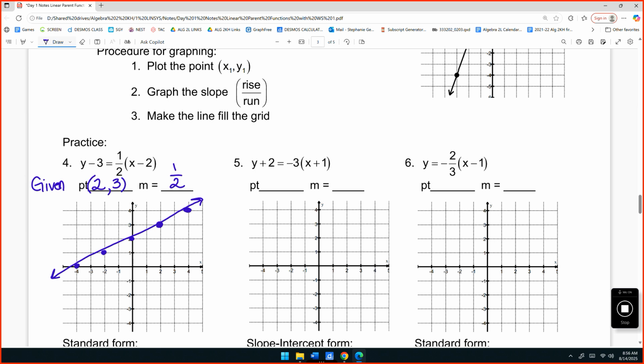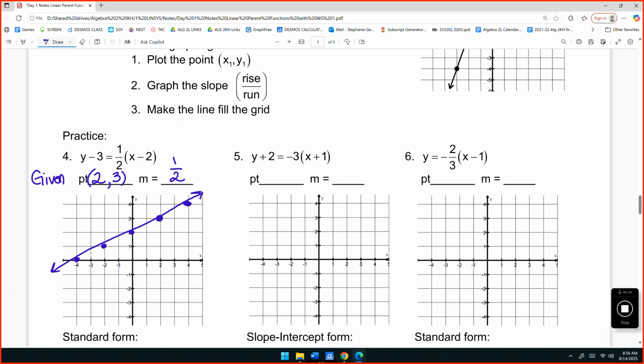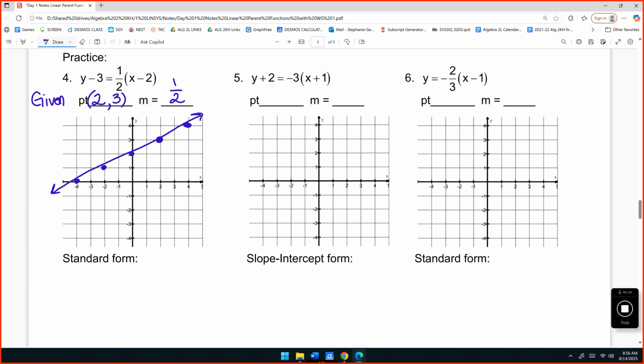Okay. Now, you're going to notice underneath this, it says standard form. So additionally, we need to be able to graph, but we also have to be able to translate between the forms, okay? So this question is asking us to take this point slope form equation and write it in standard form.